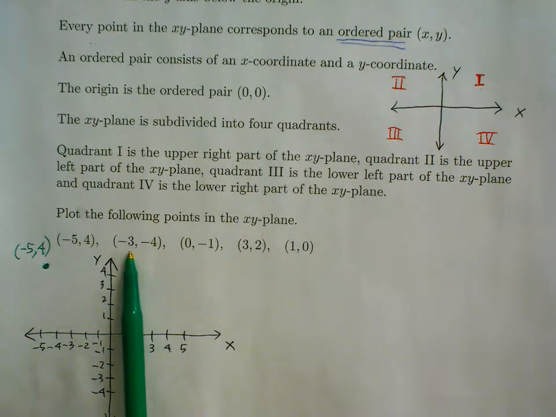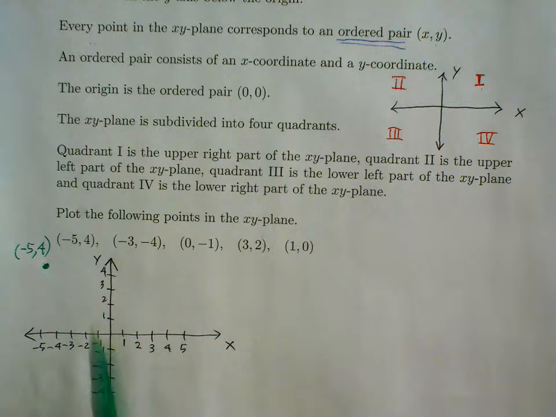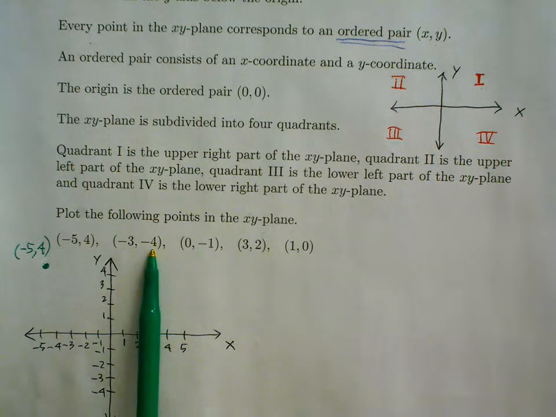The next point, -3, -4. Which quadrant is the point -3, -4 in? Which quadrant? 3. Right, it's in the third quadrant. So -3 for x and -4 for y.